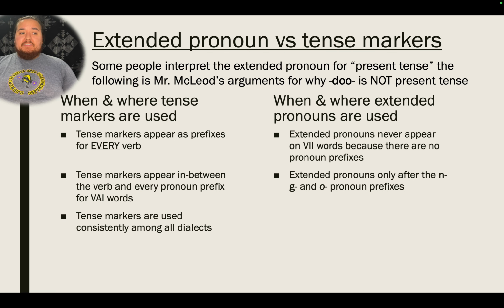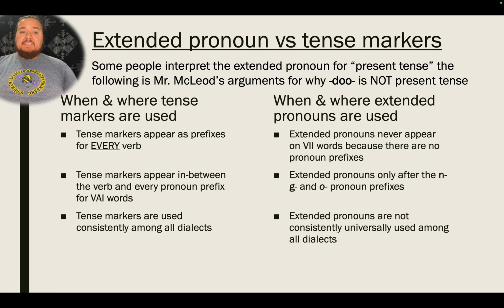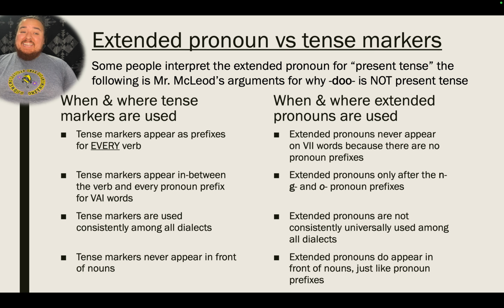Tense markers are used consistently among all dialects. Extended pronouns are not consistently universally used among all dialects. Tense markers never appear in front of nouns. Extended pronouns do appear in front of nouns, just like pronoun prefixes.